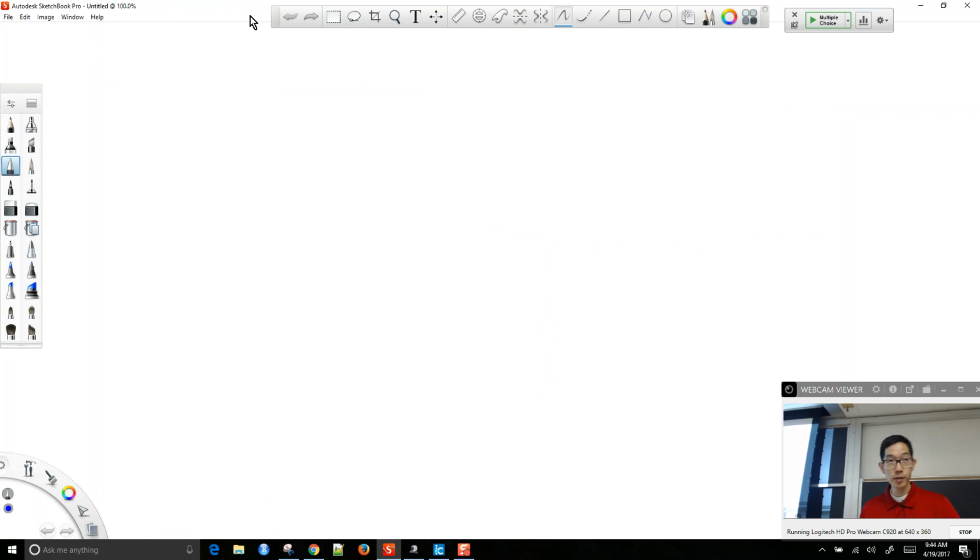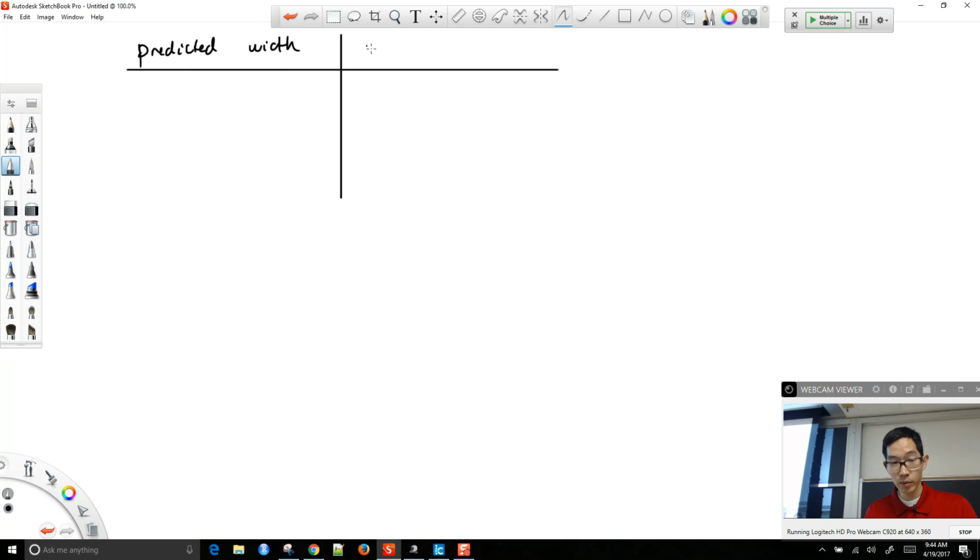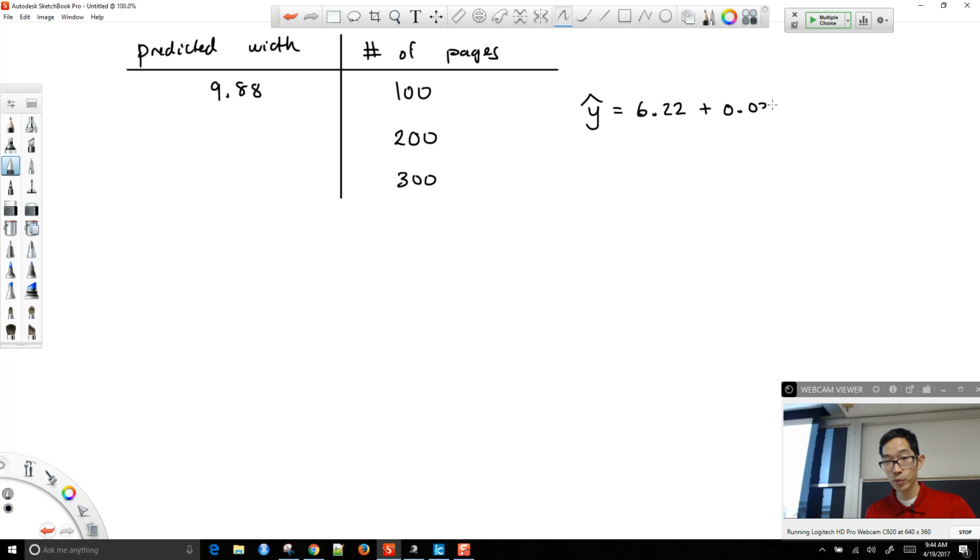Okay, let's just try this out. So we have predicted width and the number of pages. We said if we had 100 pages, we predict the width to be 9.88. Just quickly go ahead and try out what the predicted width is for 200 and for 300 pages. So we have y hat is equal to 6.22 plus 0.0366 times pages.